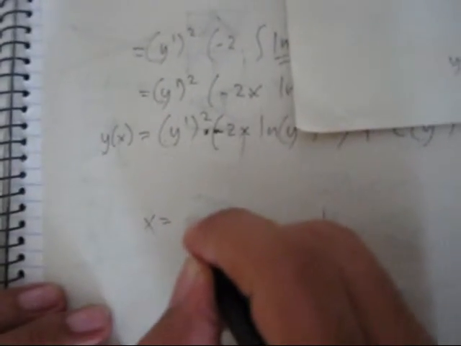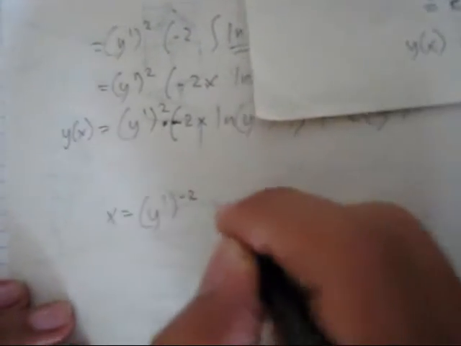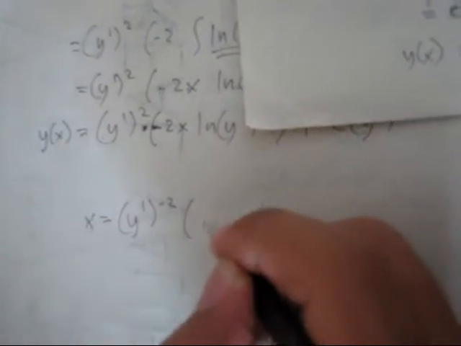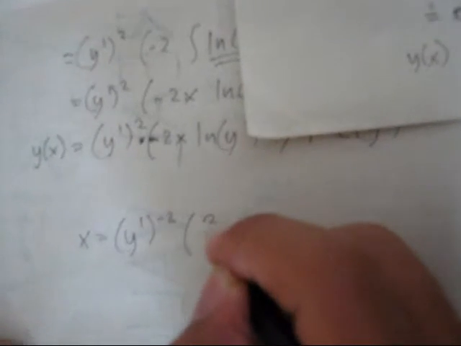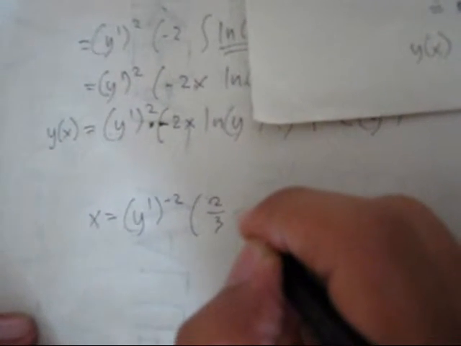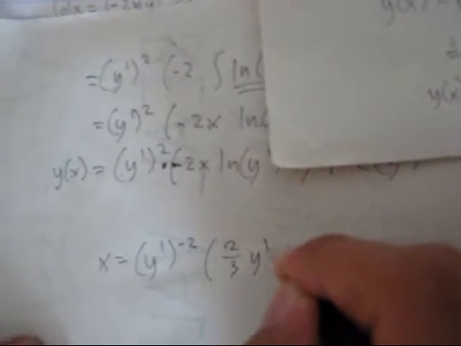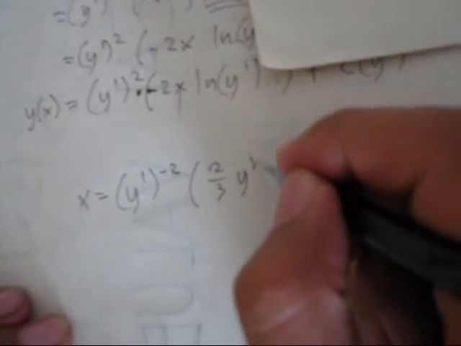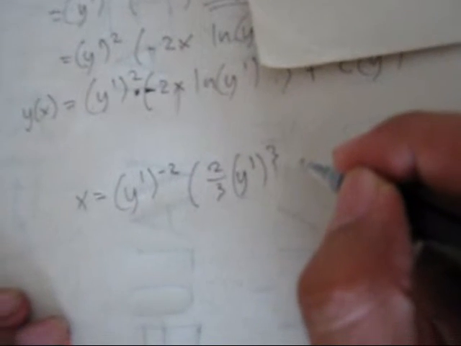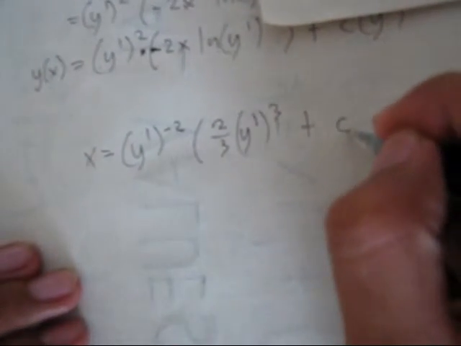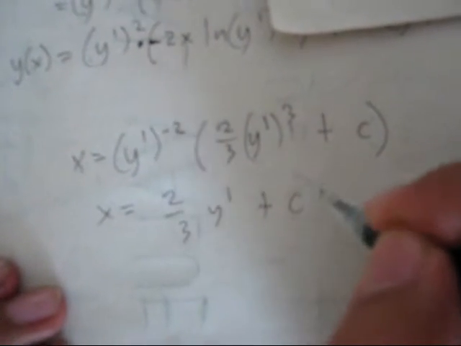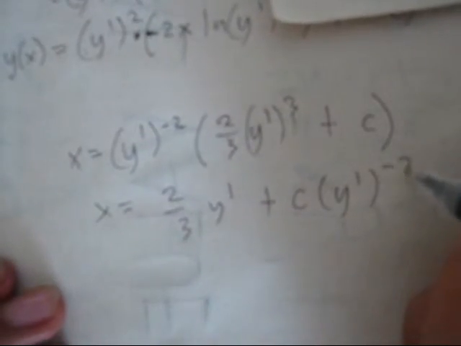So x will be equal to y prime raised to negative 2 times 2/3 y prime cube plus c. So just distribute it, so you will get x is equal to 2/3 y prime plus c times y prime raised to the negative 2.